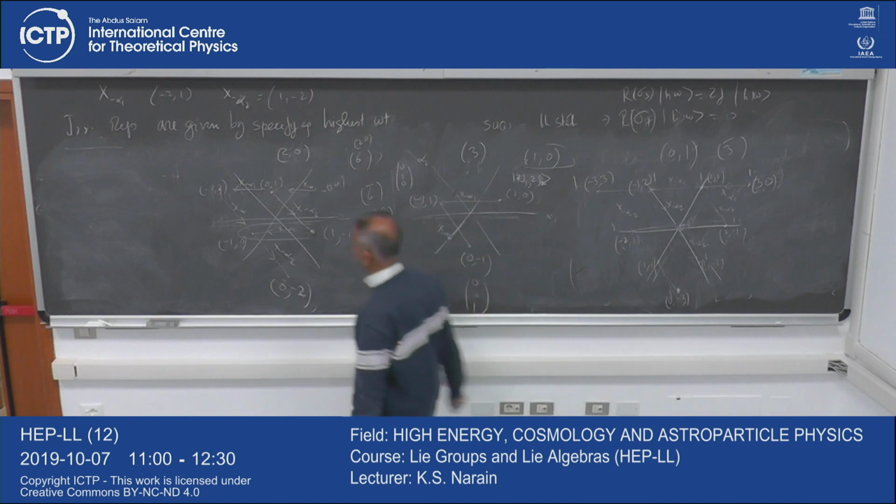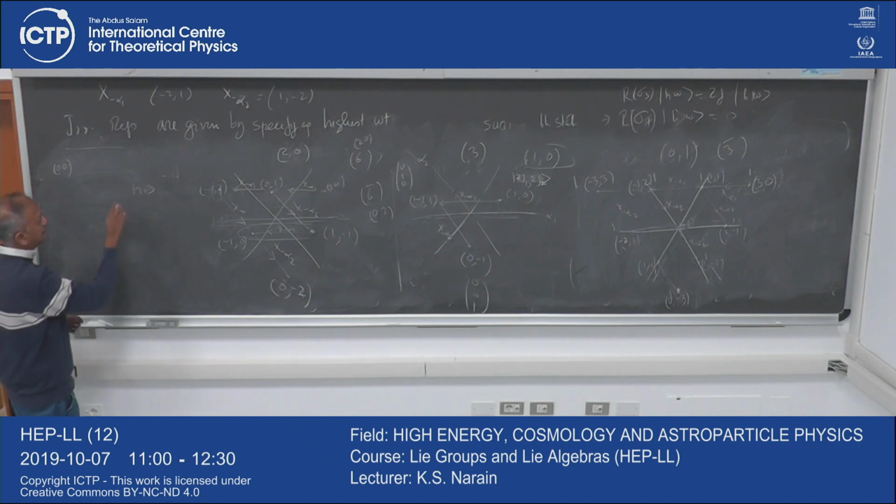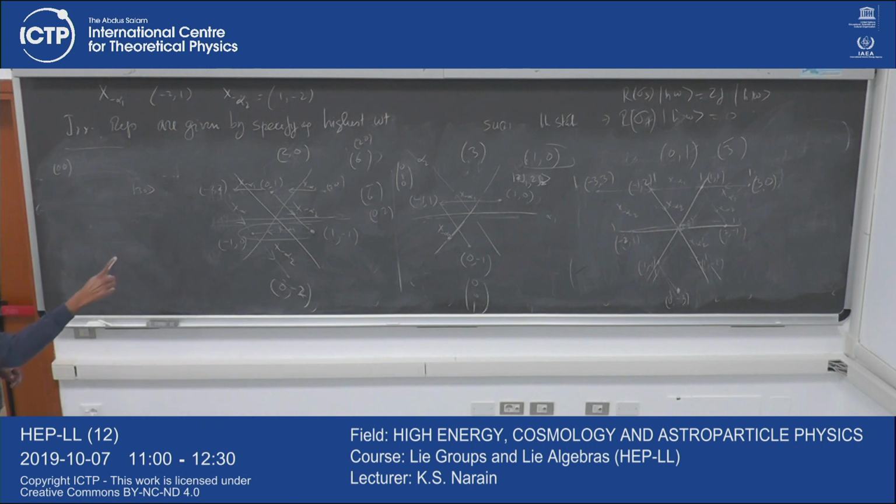So let's look at the states. The 0, 0 state I can get by starting from the highest weight, 3, 0, and applying x minus alpha 1 twice, x minus alpha 1 squared. Again, I'm forgetting this r. It's understood that this is in that representation. Otherwise, more precisely, I should write it like that. But I will drop this r.